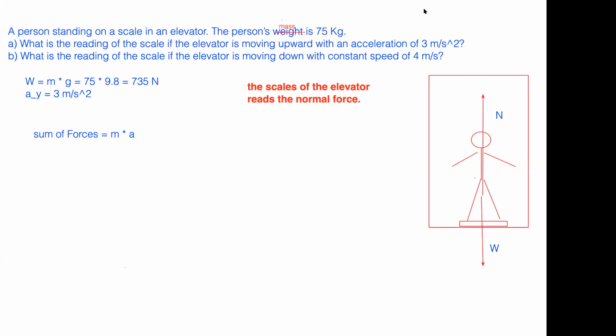Let me erase this one. And that's probably the only dimension we're interested in. There is no motion to the right or the left. So that would be it. So yeah, upward is positive, and we know that forces are vector quantities, so direction will matter to us.